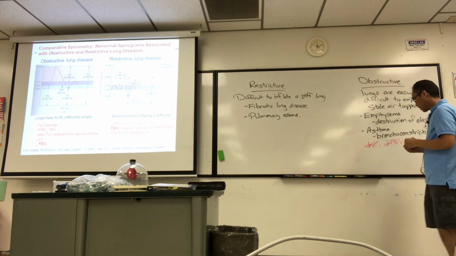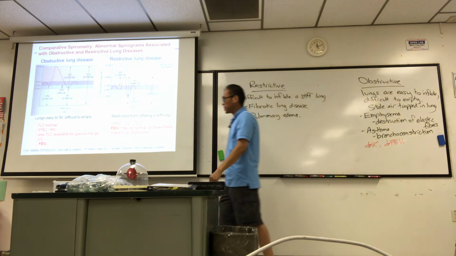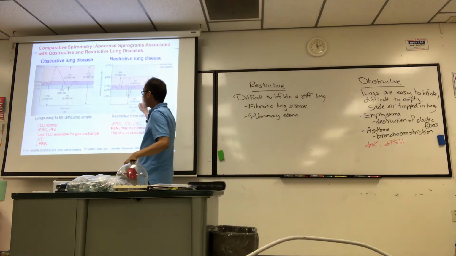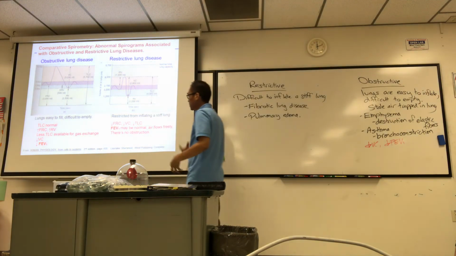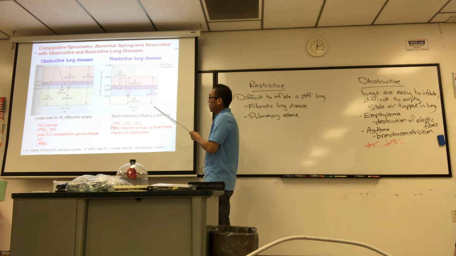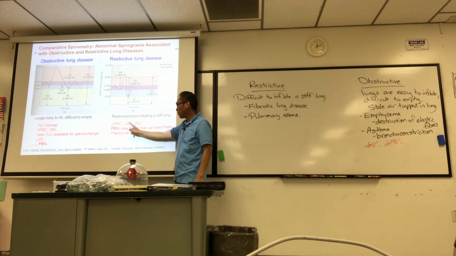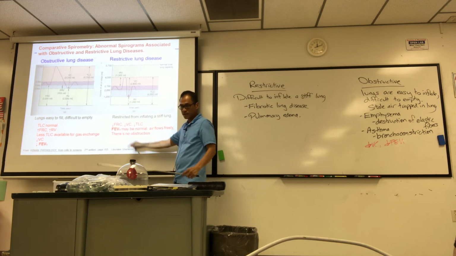There's an obstruction, hard to get the air out. Maybe the FEV1 is less than 80%. For restrictive lung disease, the problem is capacity. You can't even inflate the lung all the way. So the spirogram appears squished down. You can't measure TLC, but you have less vital capacity.